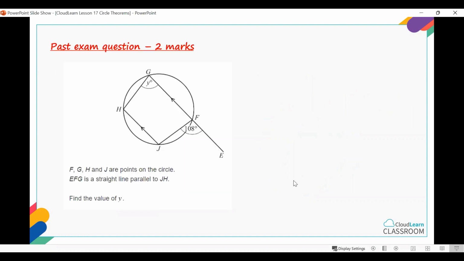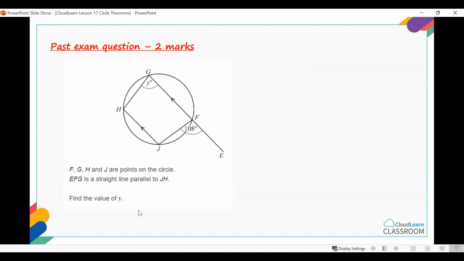Here's an example of an exam question. Okay. Not as quick and easy to spot, but you can definitely spot quite quickly that that is a cyclic quadrilateral, can't you? Hopefully you can see 4 corners and they're all on the circle. So that's the theorem we're looking at. We can't find Y straight away.